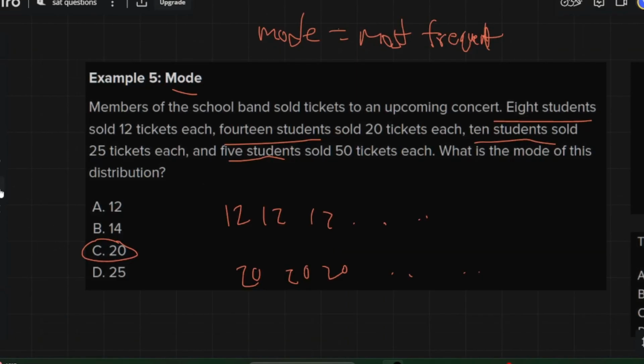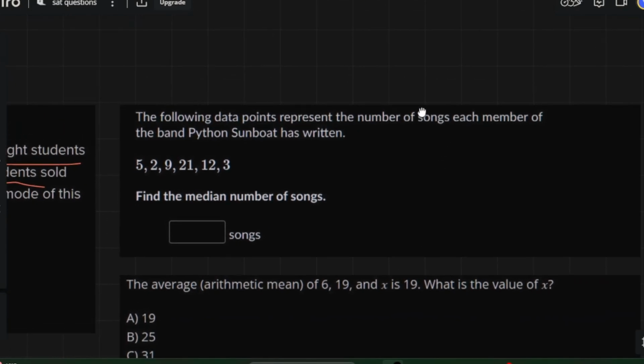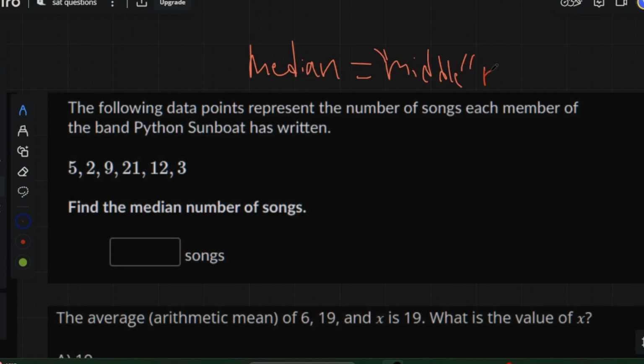Now let's look into something a little more difficult, right? Median. So what is median? Median is essentially your middle number. I'm going to put that in quotation marks because you'll see. Let's say we have numbers 1, 2, and 3.